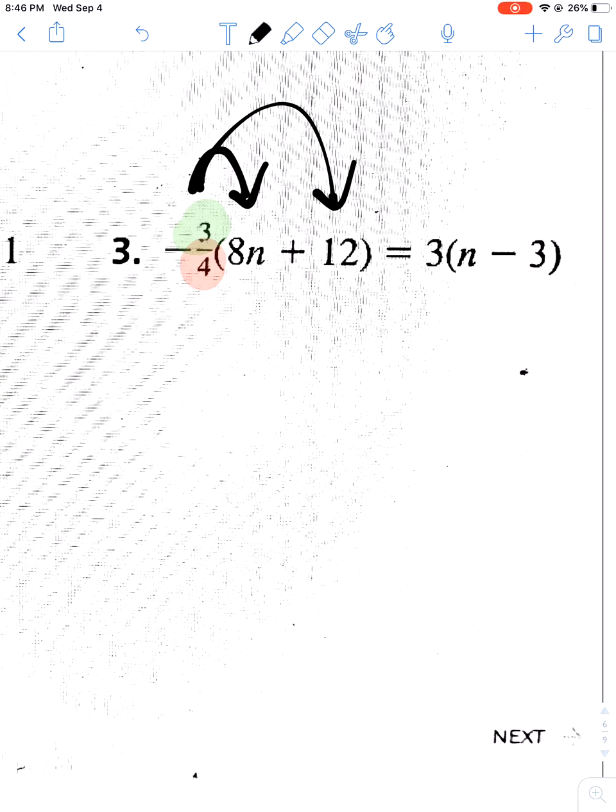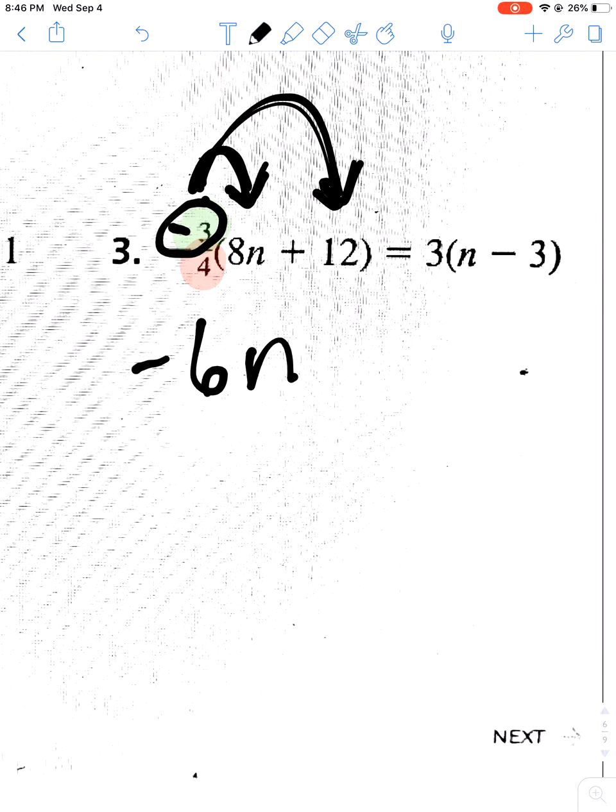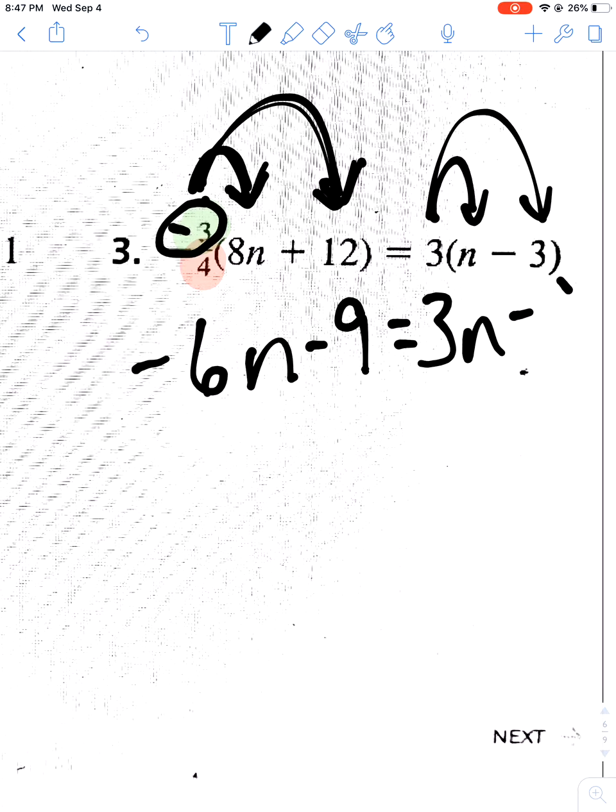So when I distribute this, 8 divided by 4 is 2, times negative 3 is negative 6n. 12 divided by 4 is 3, times negative 3 is negative 9. 3 times n is 3n. 3 times negative 3 is negative 9.